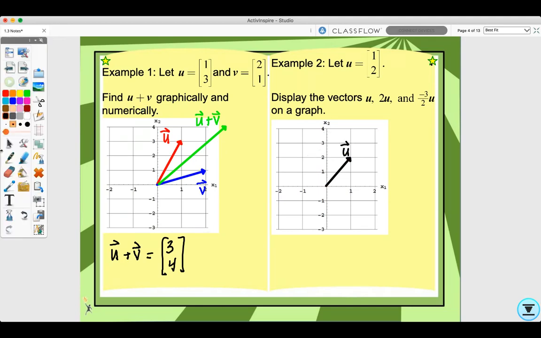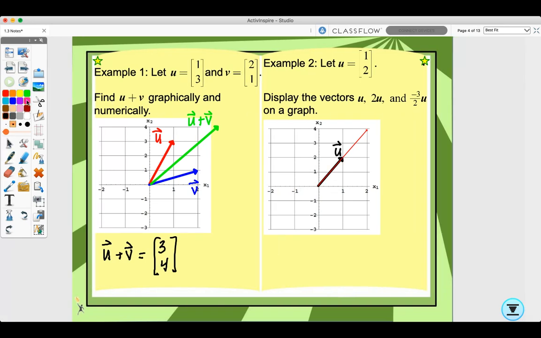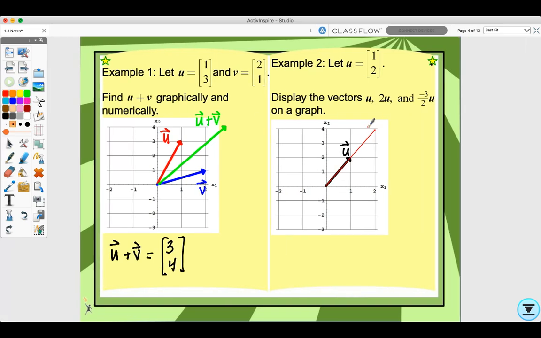Next we want 2u. 2u would be 2, 4. And then I need negative 3 halves u.